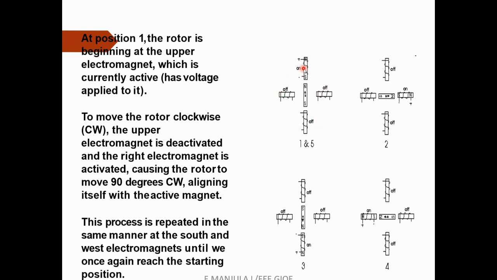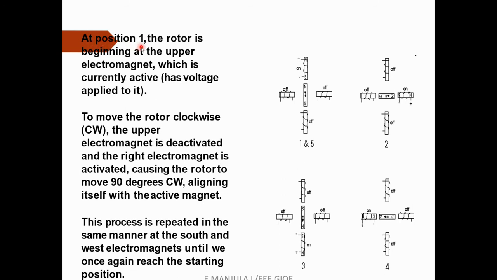Here we will energize each and every stator winding one after the other. So this will be energized and act as a magnet, and the others will be unmagnetized. Only this one is magnetized. Likewise, we will see each position.